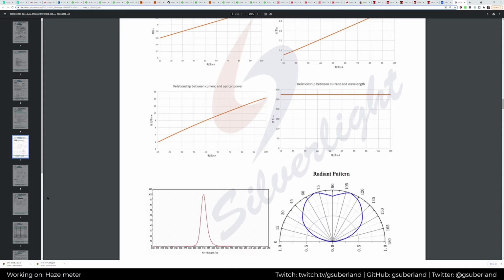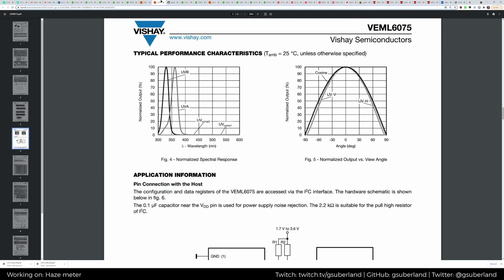Not clack, calc. So 0.3 times 14, so that's 4.2 milliwatts at 320. And then at the receive side, 320, about 50%. So we're looking at about 2 milliwatts of light at the receiver.